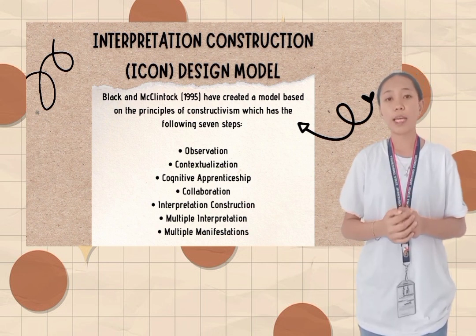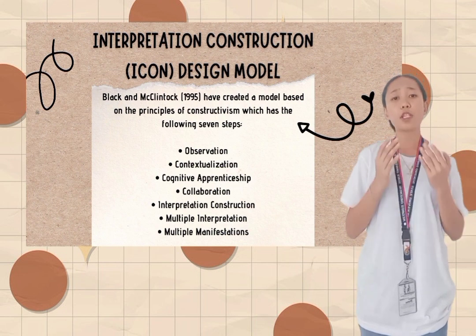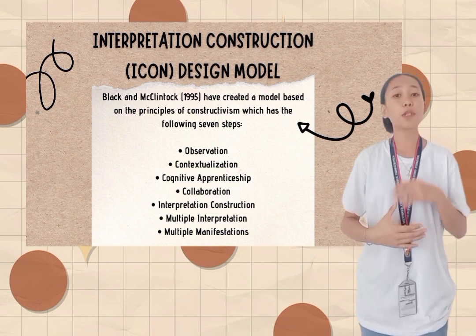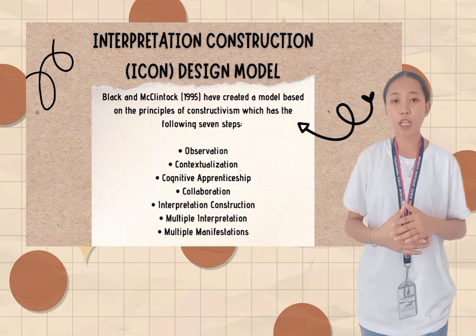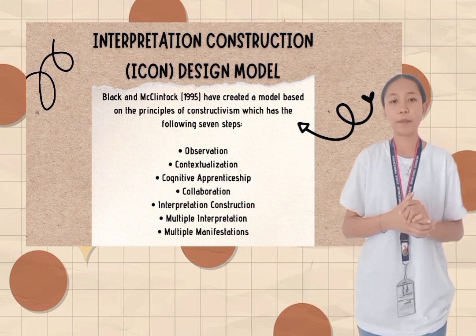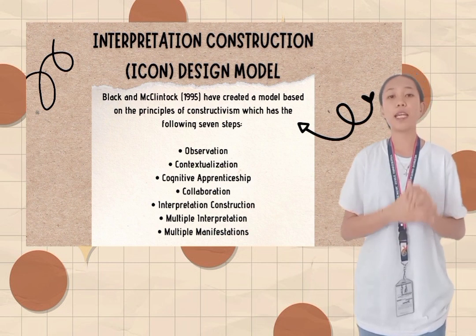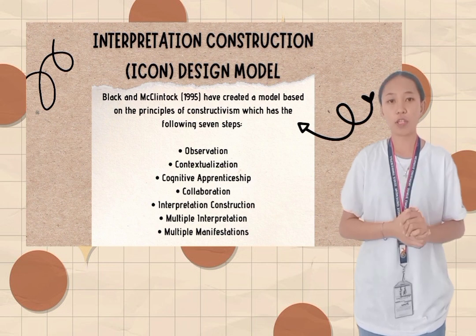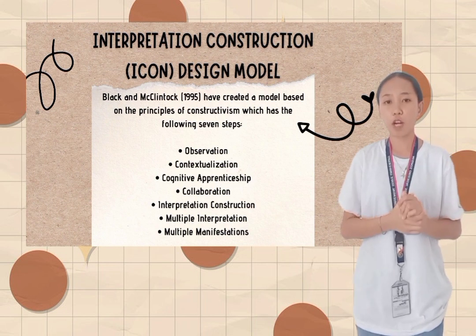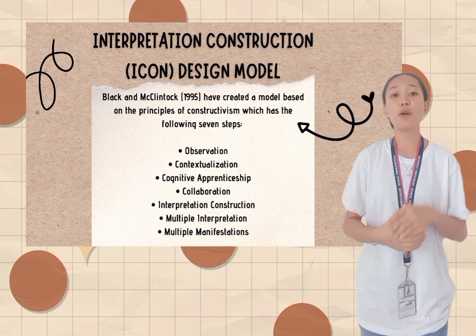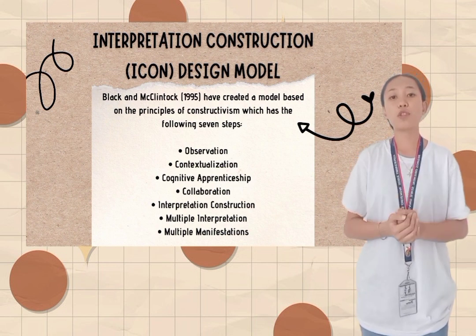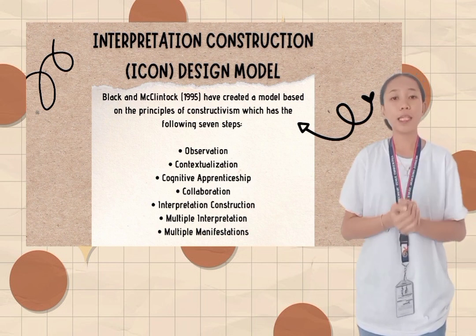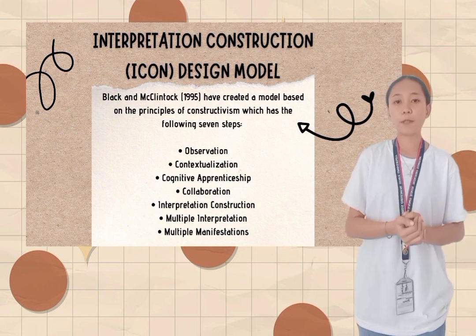The next one is the collaboration. The students collaborate in observation, interpretation, and contextualization. Another one is the interpretation construction. Students construct interpretations of observations and construct arguments for the validity of their interpretations.